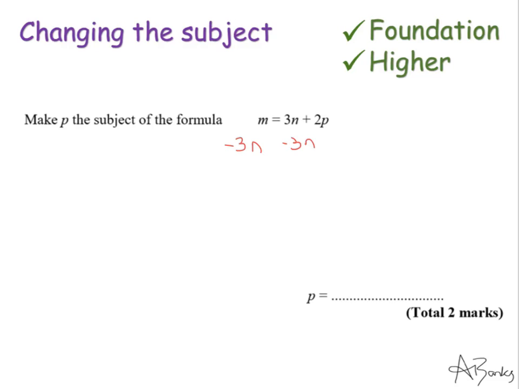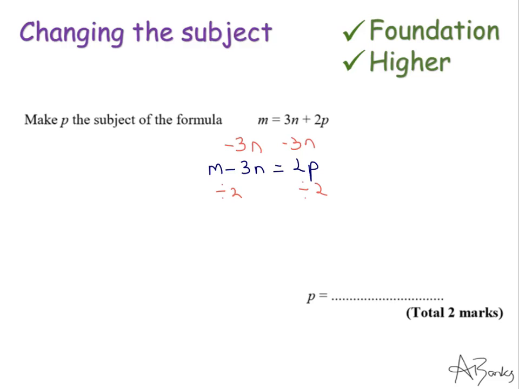On the left hand side of the equation I will have m take away 3n, and on the right hand side the 3n and the minus 3n cancel out and I'll be left with 2p. Now I've not quite made p the subject of the formula yet because I've got to have a single p, and I've currently got 2p. So I'm going to divide by 2 in order to get my single p.